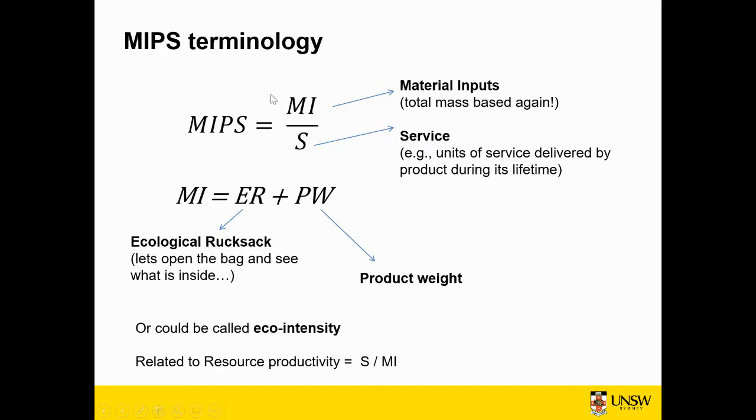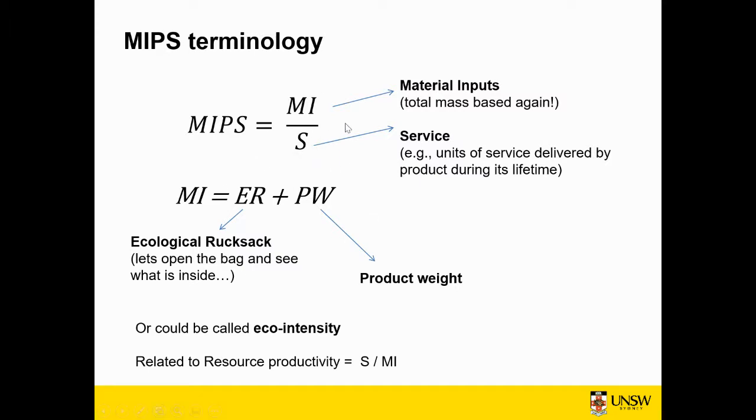So it's the total mass of materials required for producing a certain product or delivering a certain service, divided by a certain unit that characterizes the usefulness of that service.